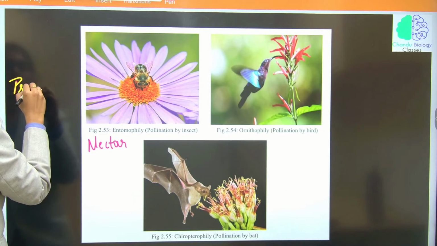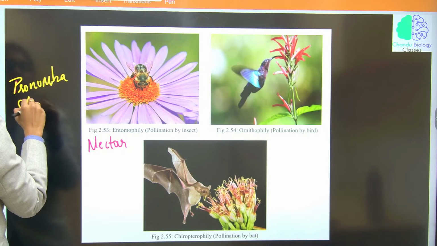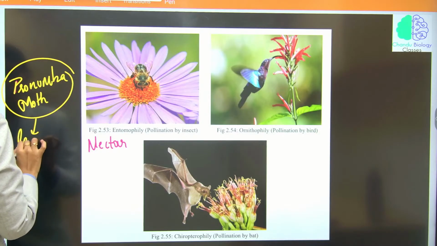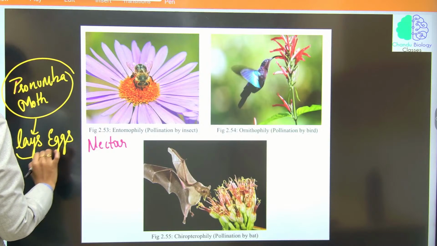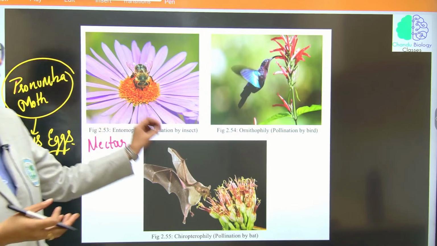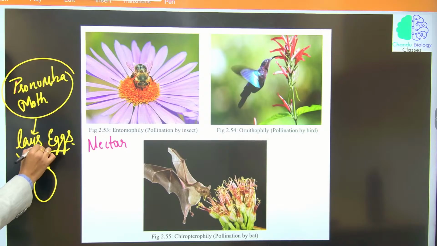Pronuba moth. What benefit does it get? It lays its eggs inside the flower, inside the ovary. This moth mistakes the flower for a mate and lays its eggs inside the ovary.